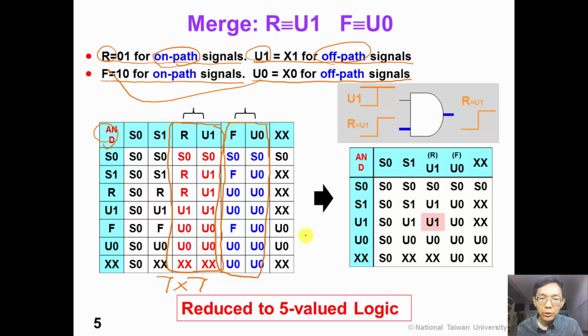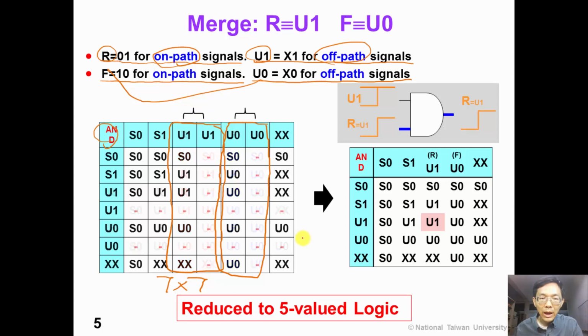If we merge these 2 signals, then we are left with 5-value logic, which is shown in this 5 by 5 truth table. As we can see, this is the 5-value logic for the AND gate. Suppose the on-path signal has a rising transition, and the off-path signal has U1.